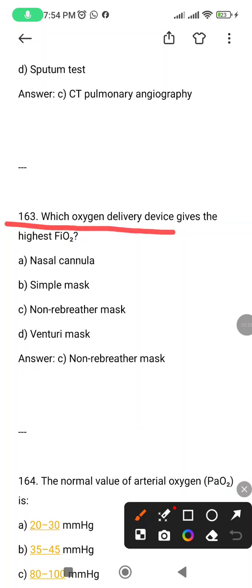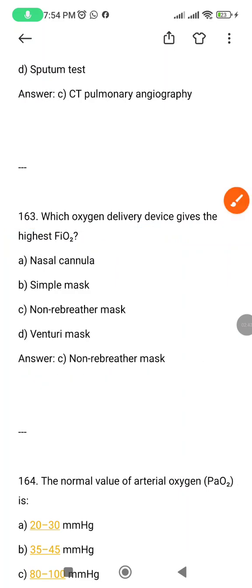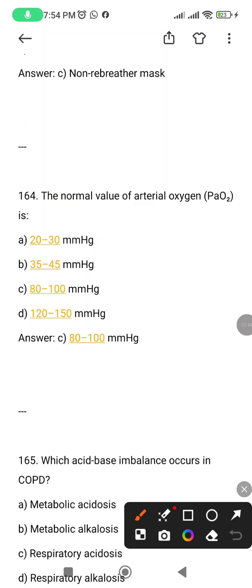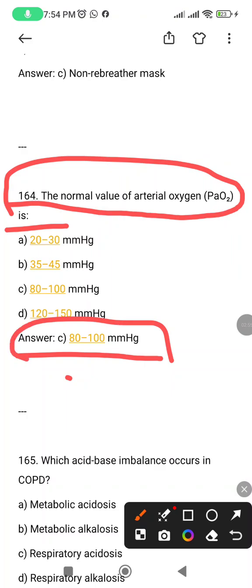Which oxygen delivery device gives the highest FiO2? Non-rebreather mask. The normal value of arterial oxygen PaO2 is 80 to 100 mm of mercury.